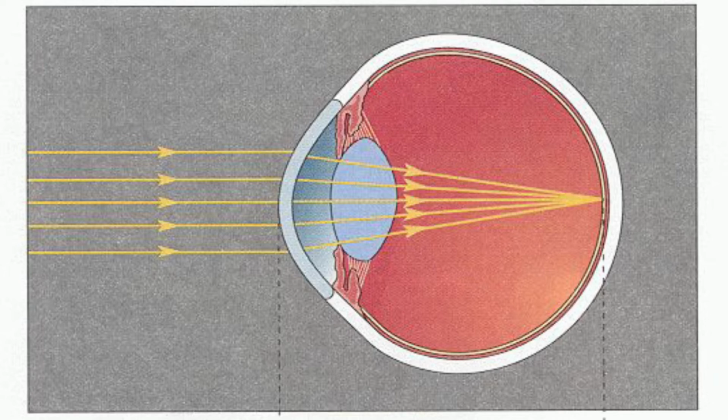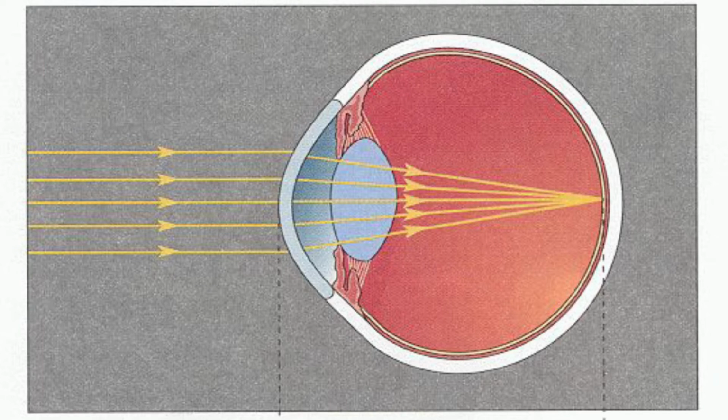So we have to change the curvature of the eye lens. We cannot change the image distance in our eye, because there is a definite distance between the lens and the retina.